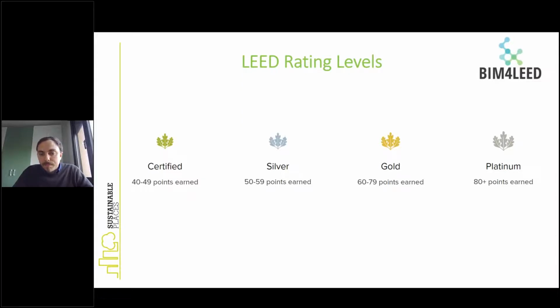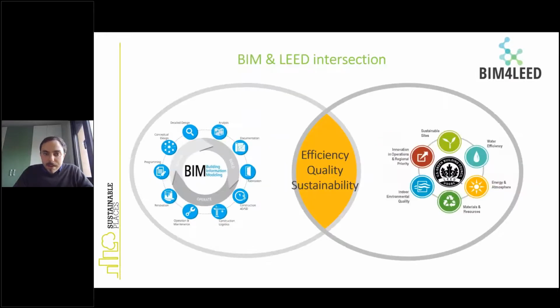If your building achieves more than 80 points, you can earn the Platinum certification, which is the highest level.